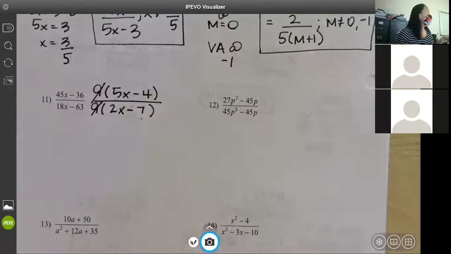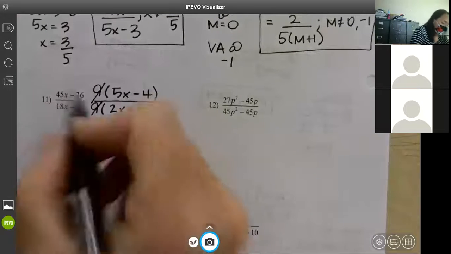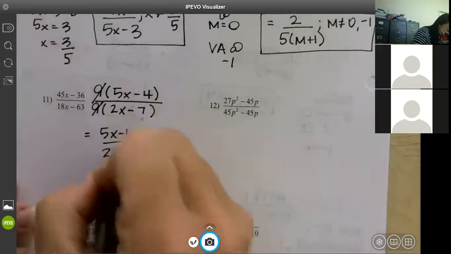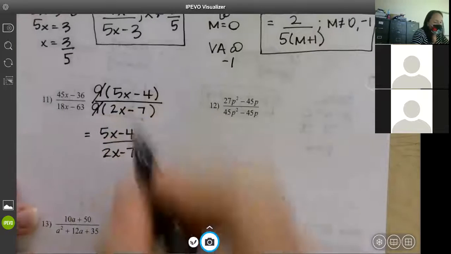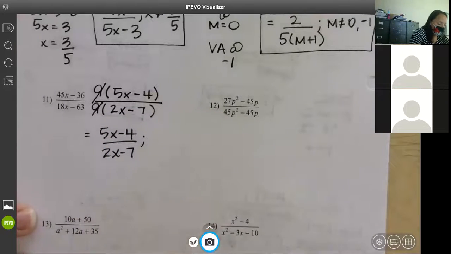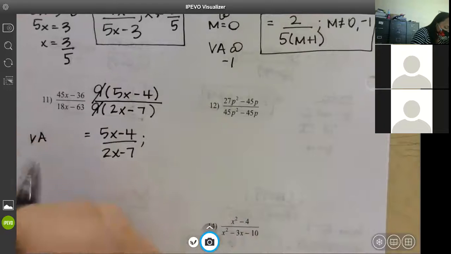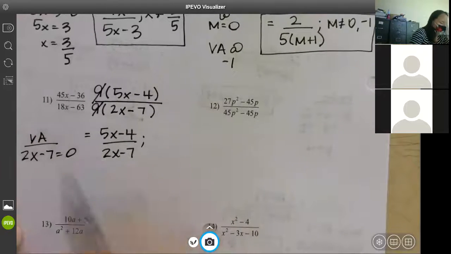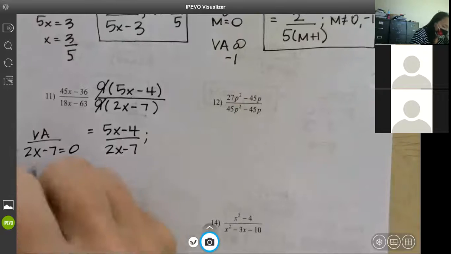Do I have any holes? Nope, I didn't cancel out anything but the 9, so we're good to go. So that means our final simplified answer is 5x minus 4 over 2x minus 7. I don't have a hole, but do I have a vertical asymptote? Where at? Again, if you don't remember, set it equal to 0.